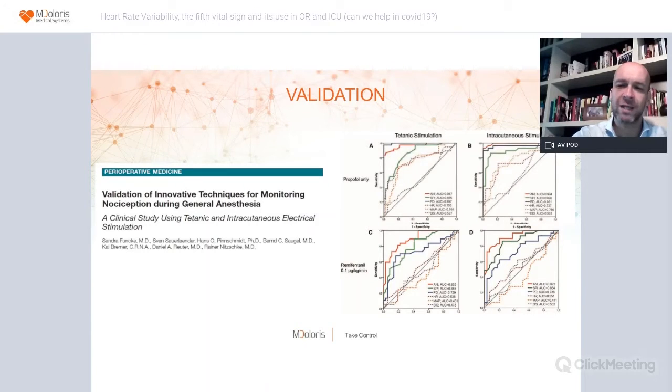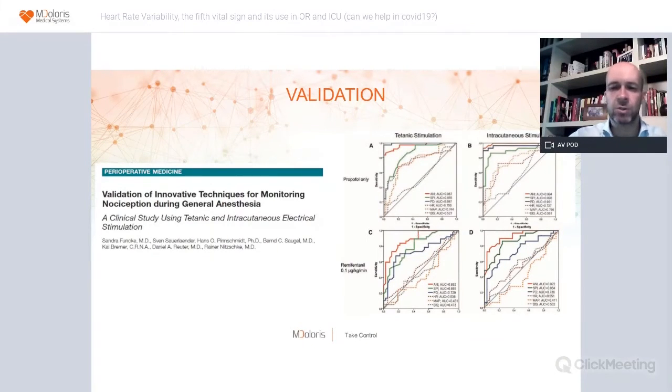Doctors are using heart rate and blood pressure to titrate nociception and analgesics when the relationship is just 50%. Do you imagine the doctors flipping a coin and saying, okay, it's heads, I'm going to add more fentanyl. It's tails, I'm not going to add it. Well, this is what they are doing when they are managing their analgesia with heart rate and blood pressure when they are using opioids. 0.5, no relationship.